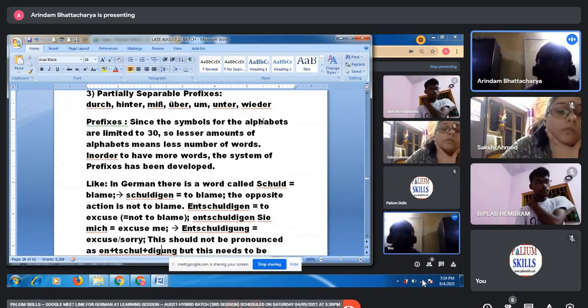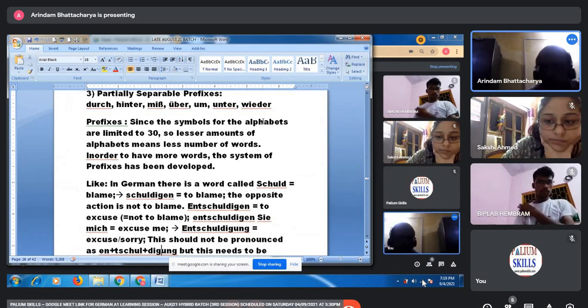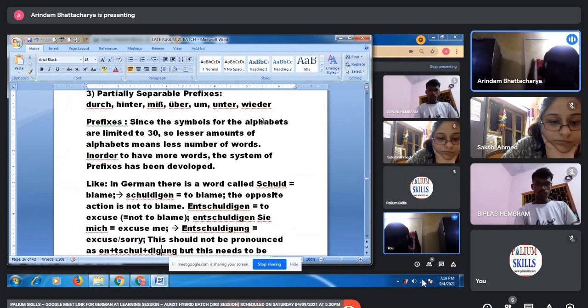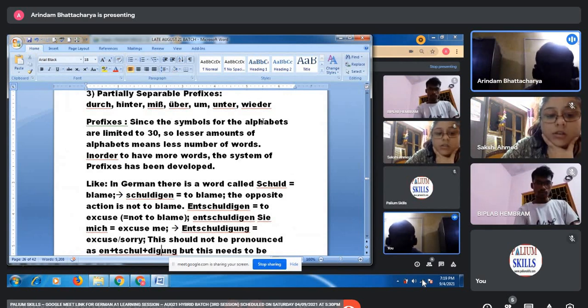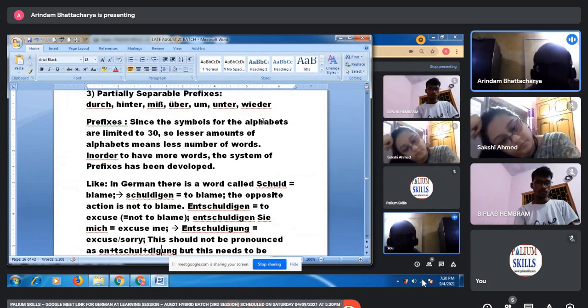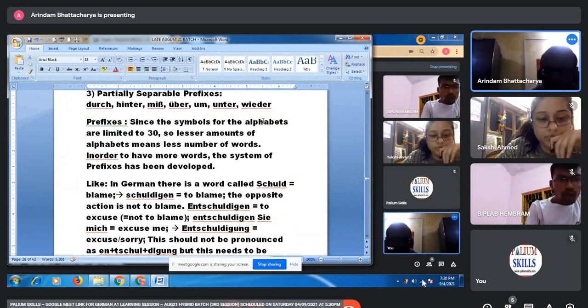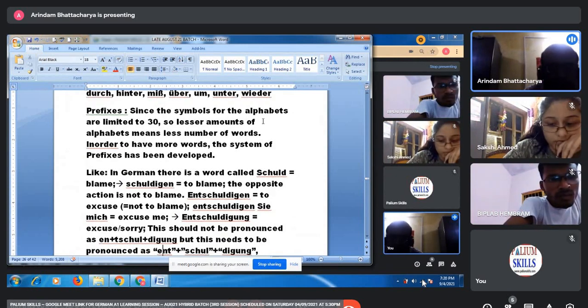ENT is a prefix, so ENT needs to be spoken separately, in the sense with the particular pronunciation that ENT has. Thereafter you have to pronounce whatever is behind that. So Schuldigung, Entschuldigung, Entschuldigen.